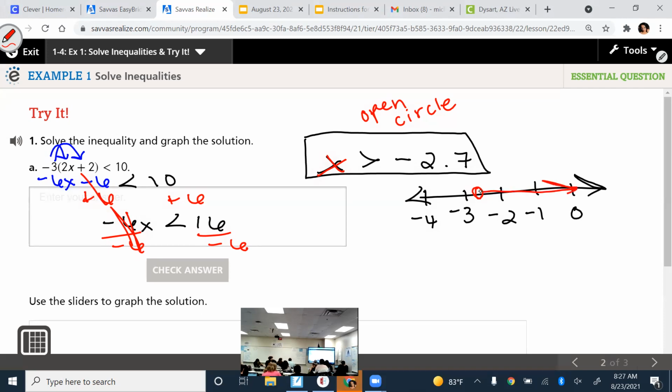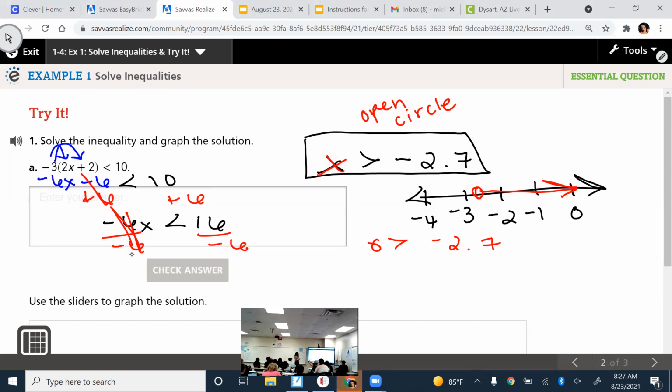To the right. All right. If it helps, by plugging in numbers, go ahead. Like if I plug in 0, is 0 greater than negative 2.7? Yes. All right. So if you need to plug in a number on your number line to see, you'll do that. Questions there?